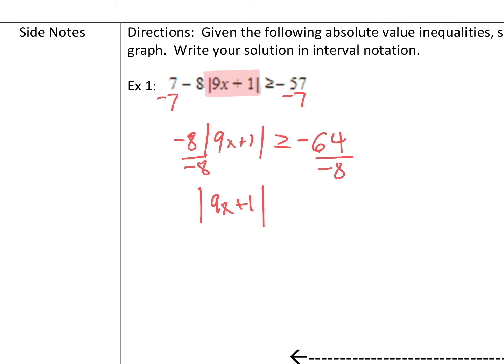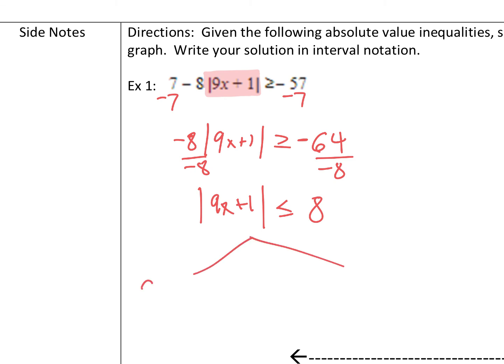So absolute value of 9x plus 1. And the change is the flip, the sign change. Why? Because we divided by a negative. And negative 64 divided by -8 is 8, good. Everybody with me on that? Okay, we're almost done. Now it's time to split it.